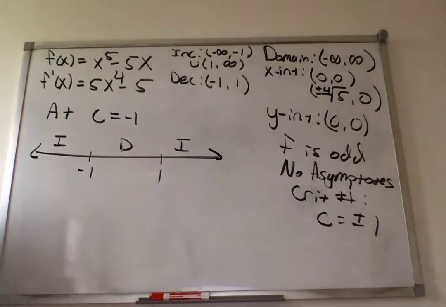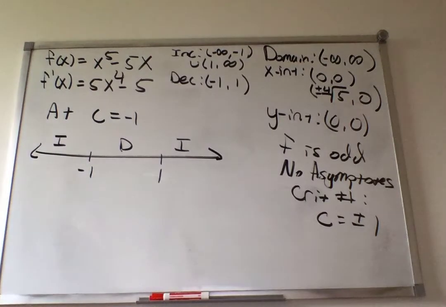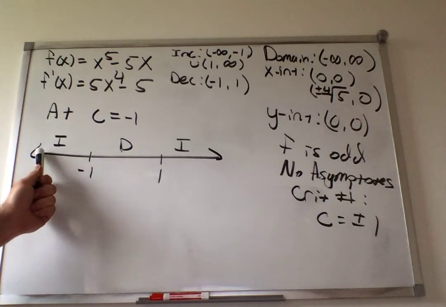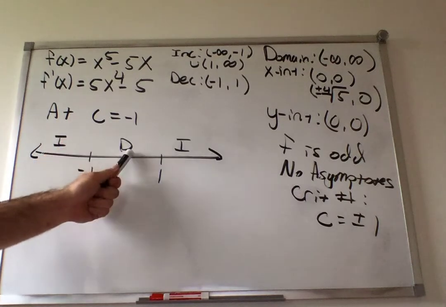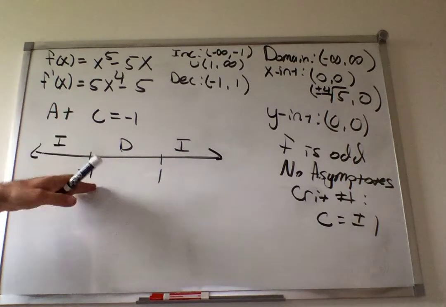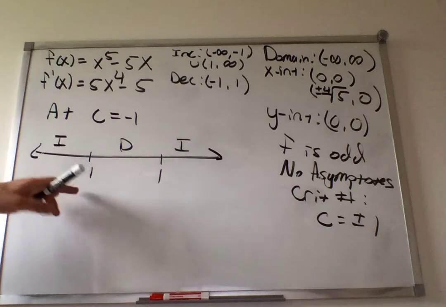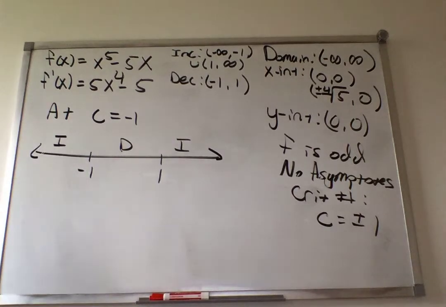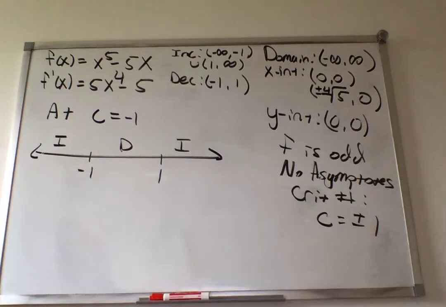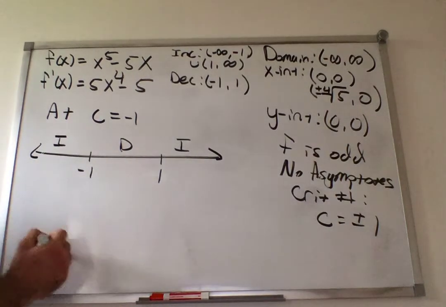If you go back to the first derivative test, it said that at a critical number, if on the left side it's increasing and on the right side it's decreasing, that is the result of a local maximum.